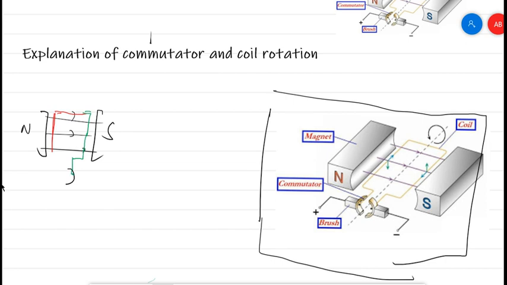All right, in the same way from the other side, here on the commutator, connected over here. Suppose it is at that time. Okay, suppose it is over here, in this position, for example, and we know what's over here: carbon brush.